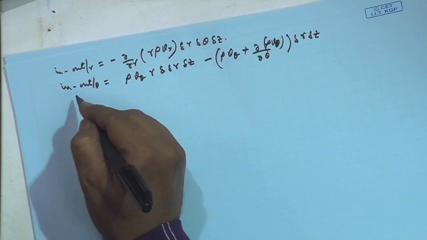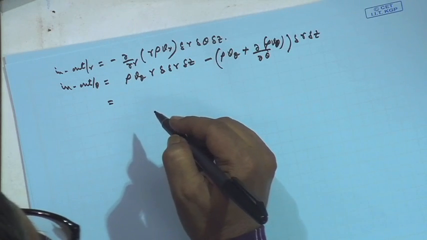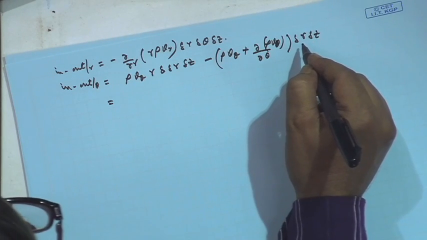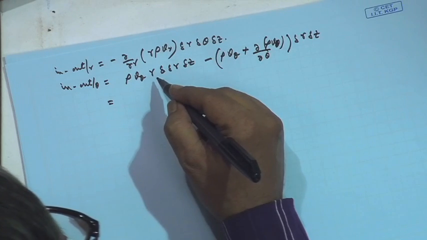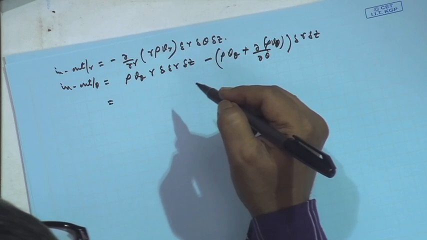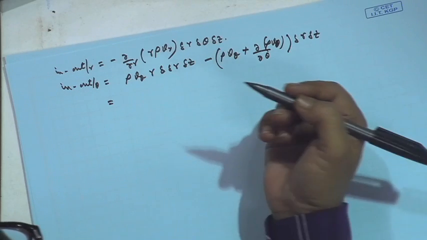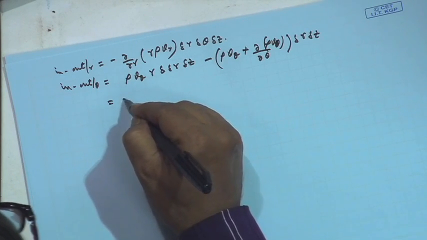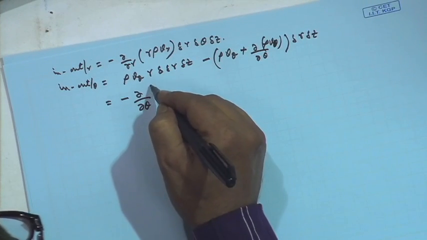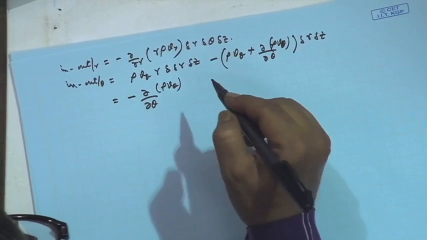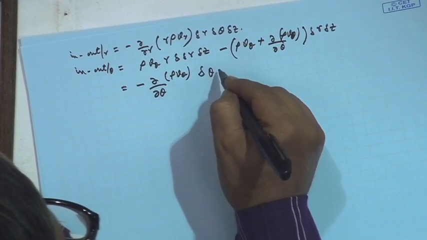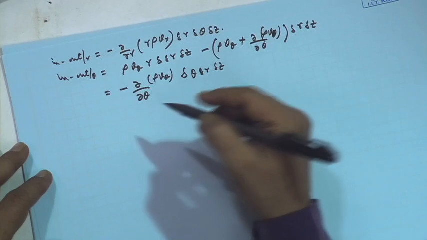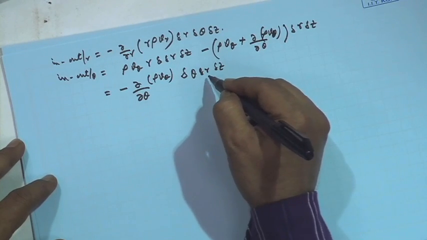So that means this in minus out we can write to be equals to, so this rho V theta into del r del z, rho V theta into del r del z, this goes out, then we can write this way, that minus del theta of rho V theta into del theta del r del z, this is that in minus out, minus del theta of rho V theta del r del z.